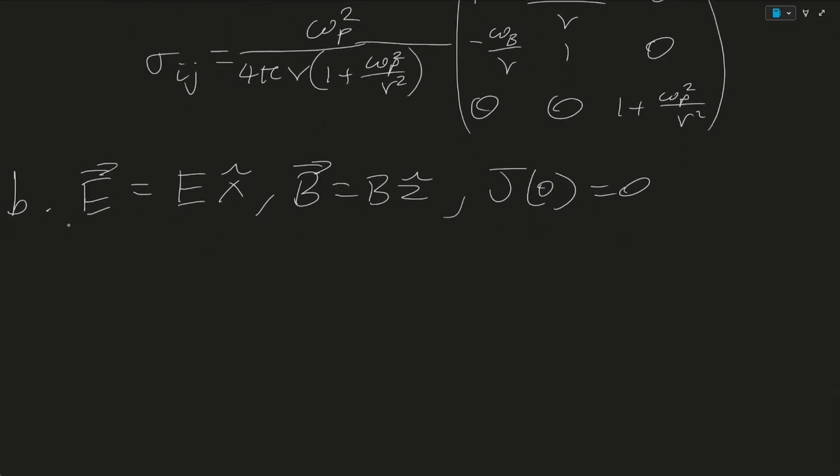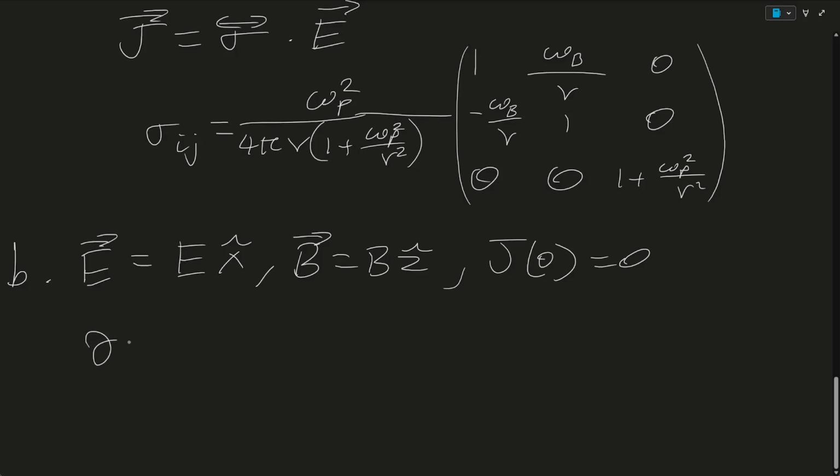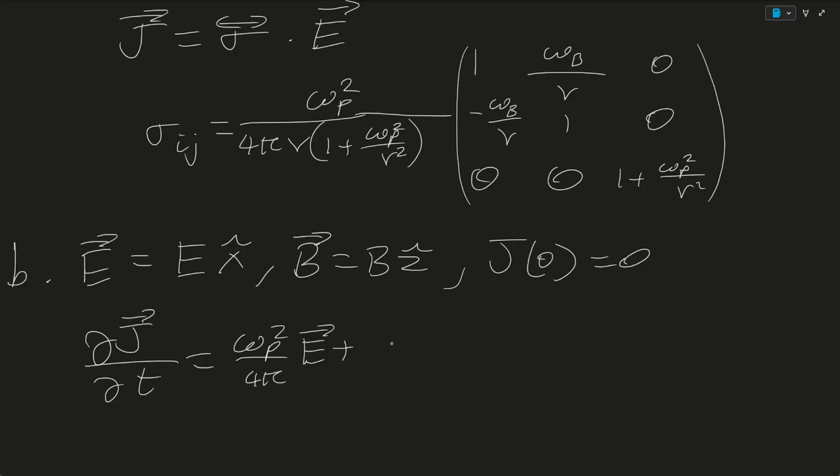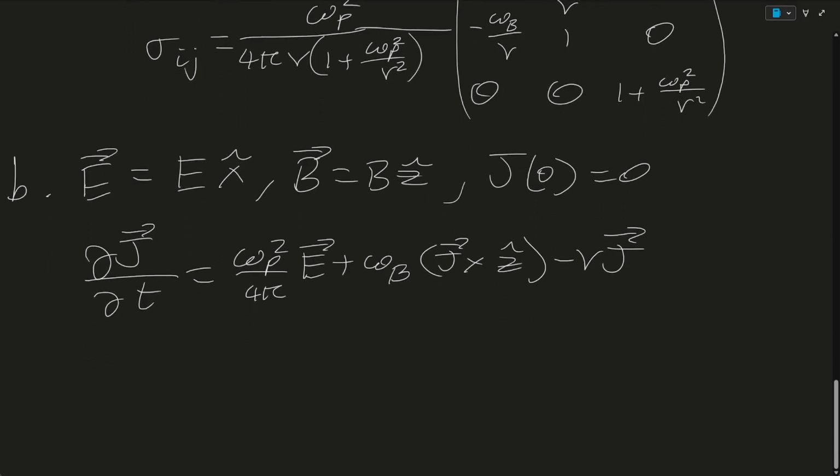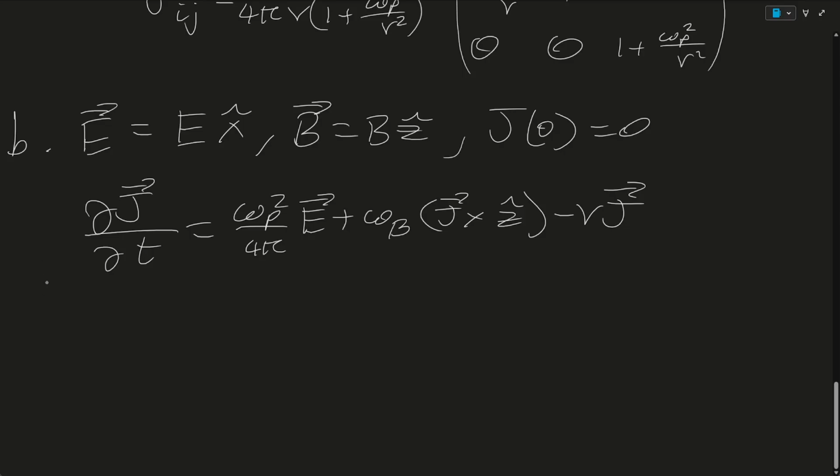Now we have our time-dependent linearized equation from before: dJ/dt is omega p squared over 4 pi E plus omega b J cross z hat minus nu J. Now we can separate J into components.